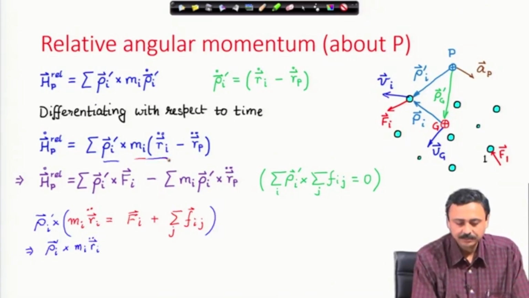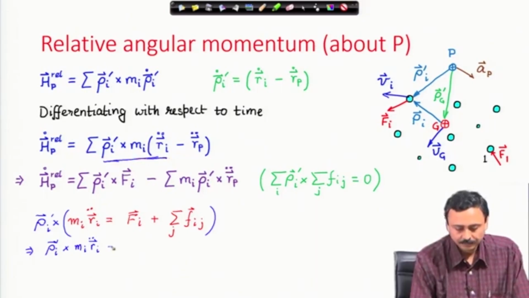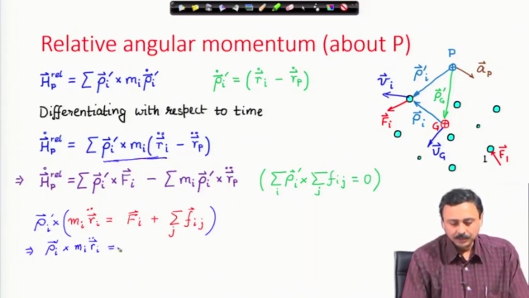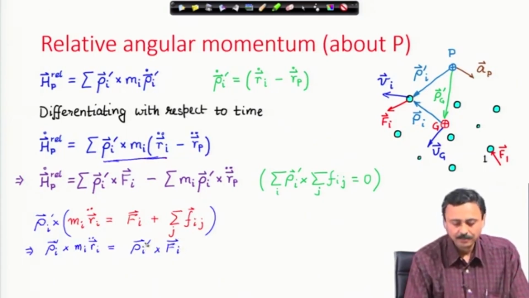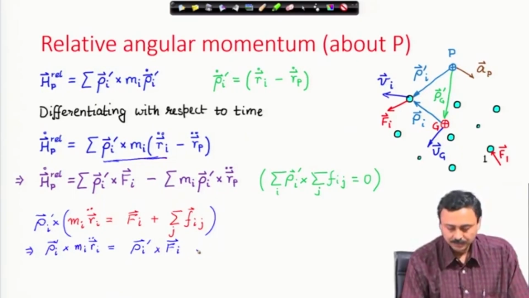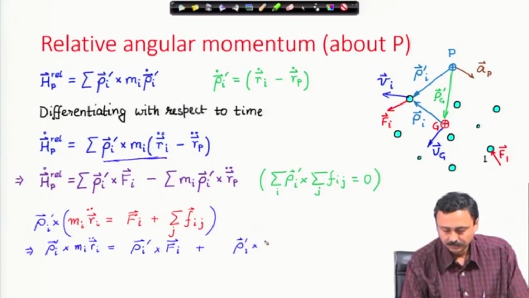On the left hand side we have exactly this, and that is equal to rho_i prime cross F_i plus rho_i prime cross the summation over j of F_ij.